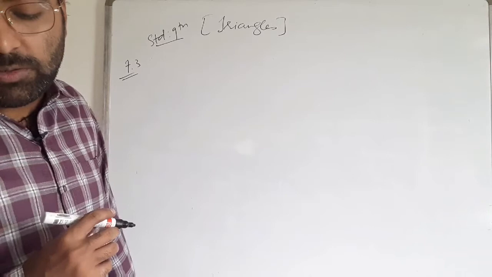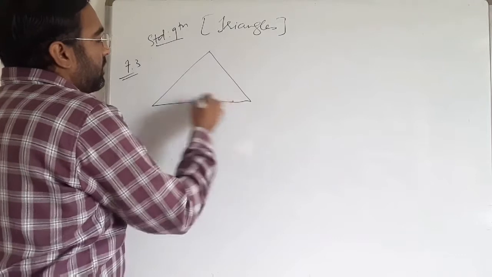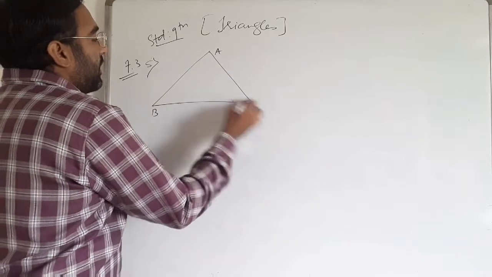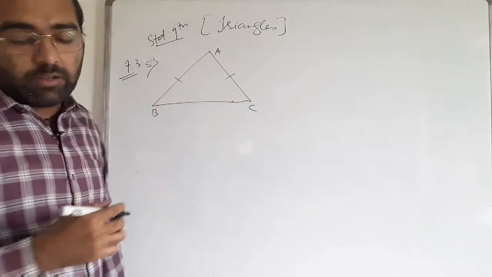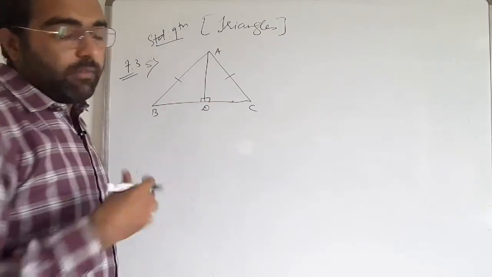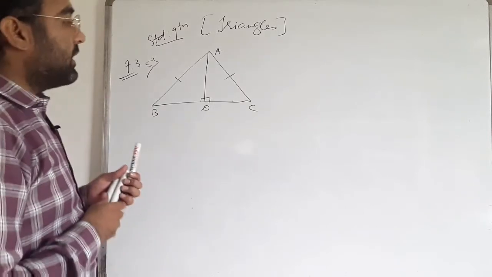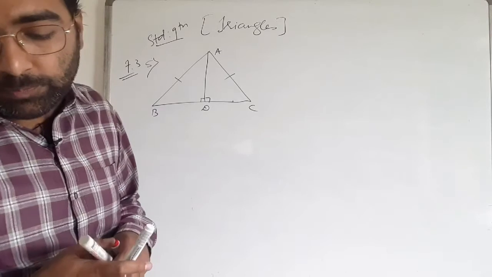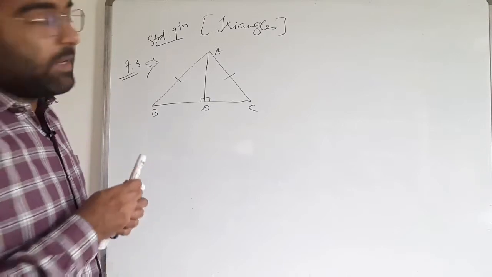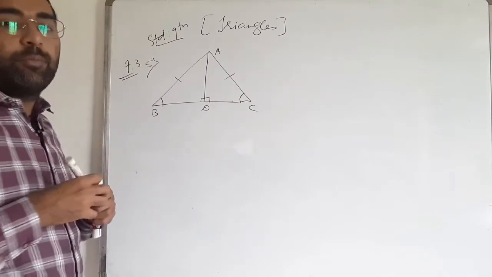Draw AD perpendicular to BC, show that angle B is equal to angle C. AB is equal to AC, isosceles triangle is given. Now AD is drawn perpendicular to BC. We have to prove that angle B is equal to angle C.